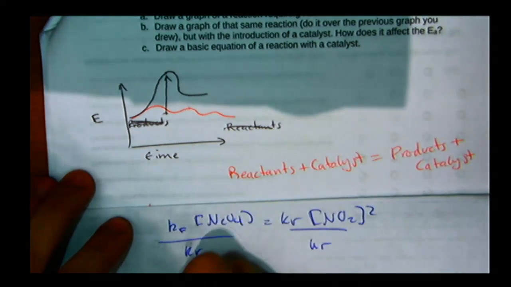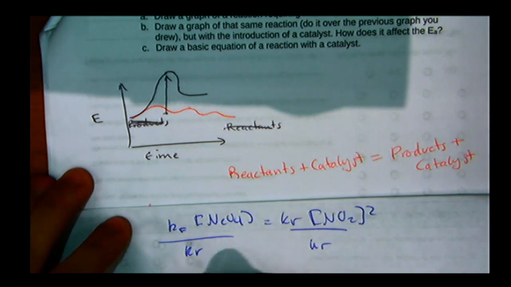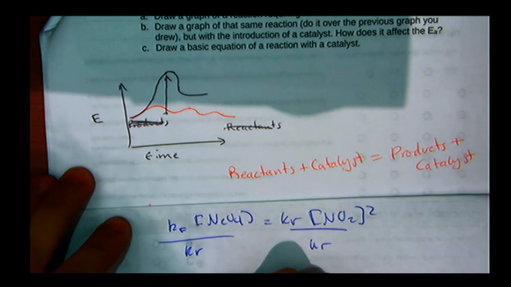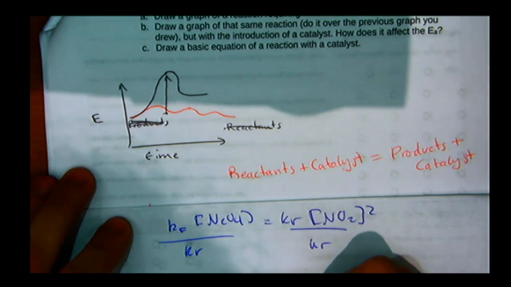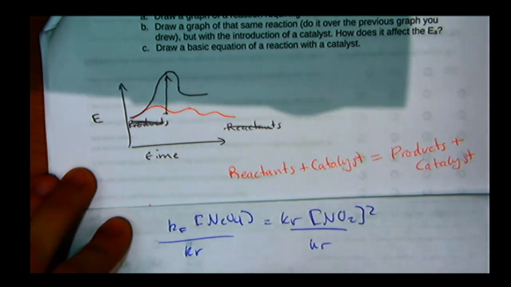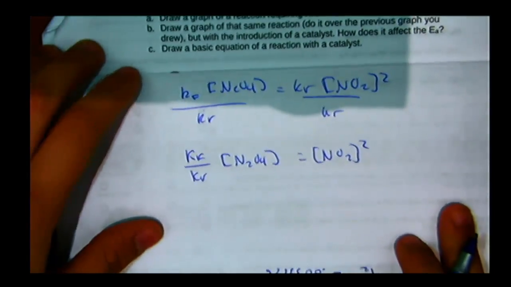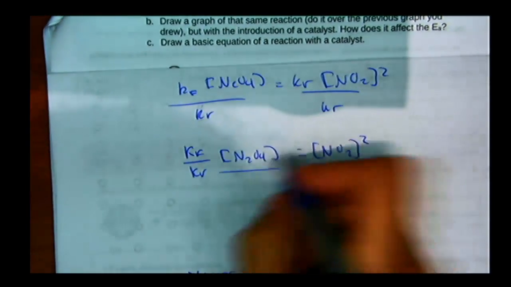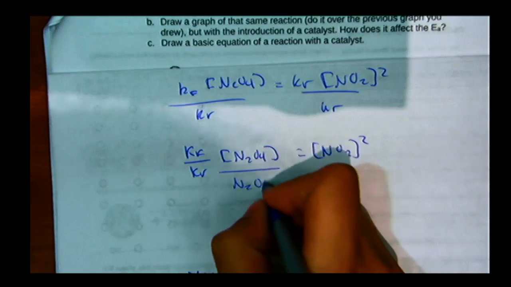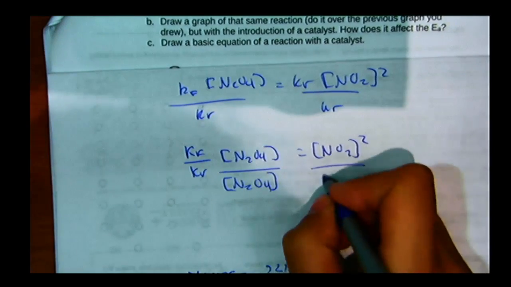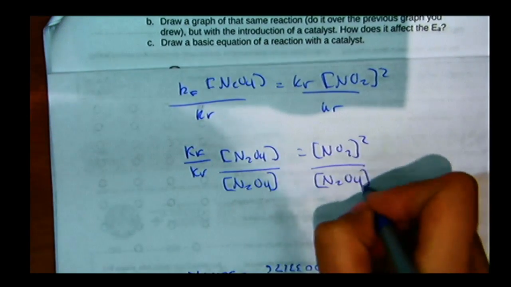And so then I divide both sides by N2O4, and then I get Kf over Kr equals NO2 squared over N2O4. Does that answer your question?